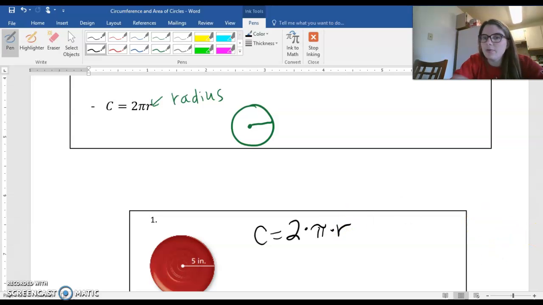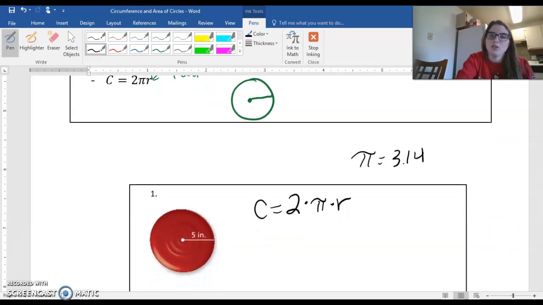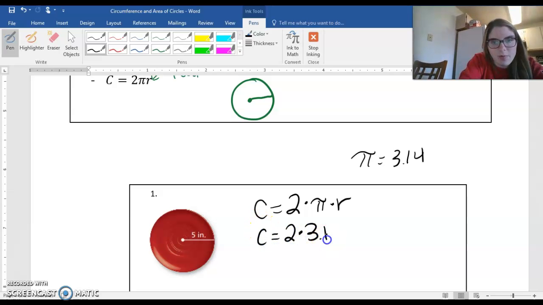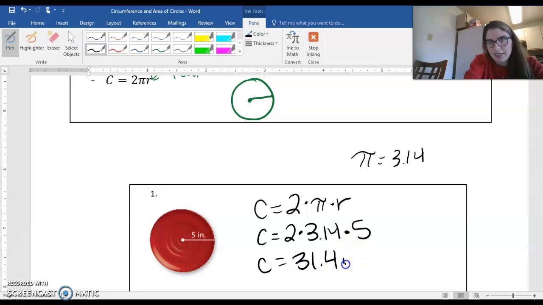So remember, pi equals 3.14. So we're going to have the circumference equals 2 times 3.14 times the radius, which is 5. When we multiply this out, the circumference equals 31.4 inches. So again, you're just taking 2 times 3.14 times 5, and if you want to do that on a calculator, you can do that.